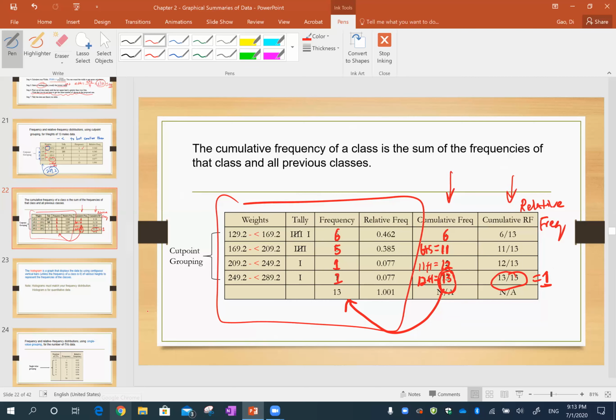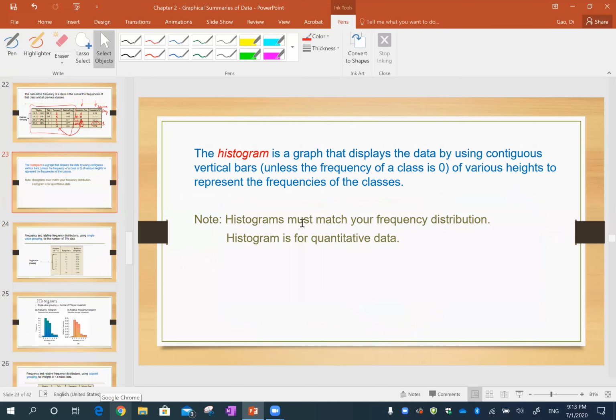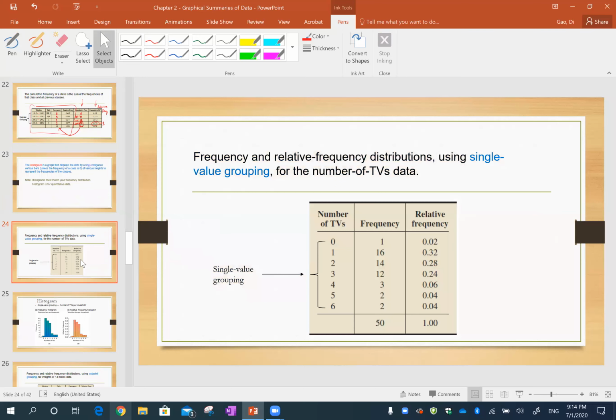Okay, so after this cumulative frequency, let's talk about the histogram. A histogram for the quantitative frequency distribution is very similar to the bar chart for the qualitative frequency. We just want to use bars to display the distribution of the values.